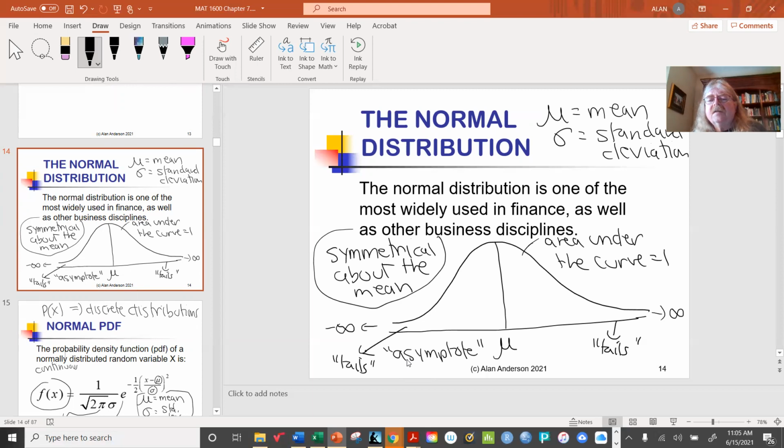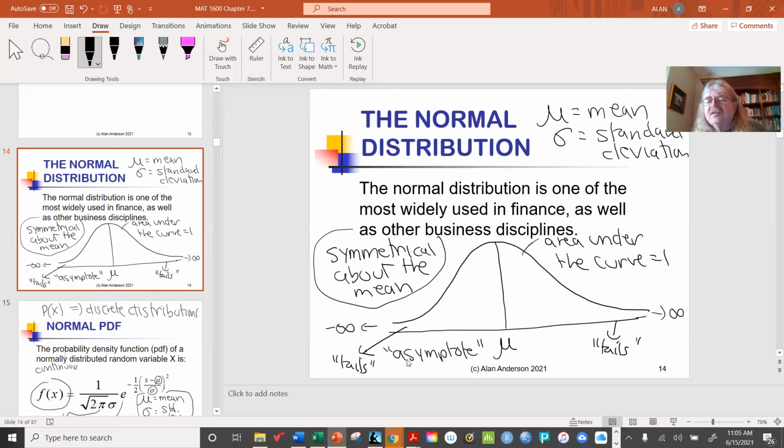The mean is right here in the center. And you notice there's a nice symmetry between the area to the right of the center and the area to the left. They are mirror images of each other. Now as I said before, the entire area under the curve has to equal 1 because the areas are being treated as probabilities.